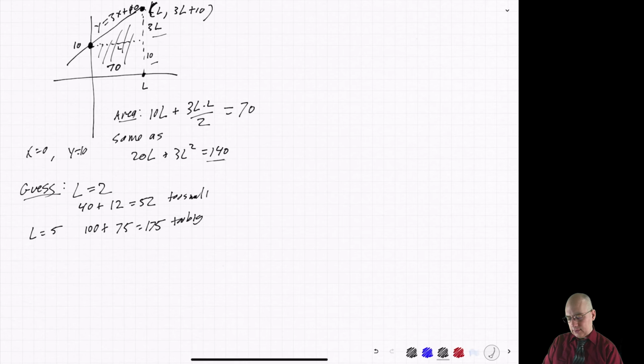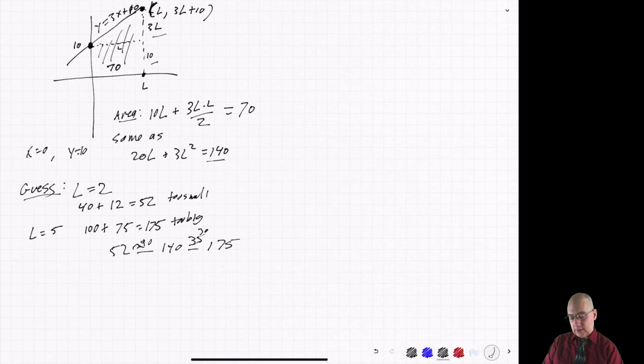So we have this 52, this 140, and this 175. The gap between the two ends is like 90, close enough to 90, it's really 88, I think. But we'll just go with 90, because that's nice and easy. And we'll say the smaller gap is kind of like 30.